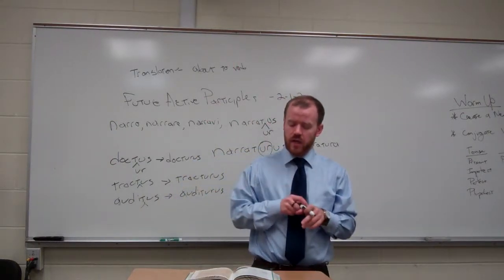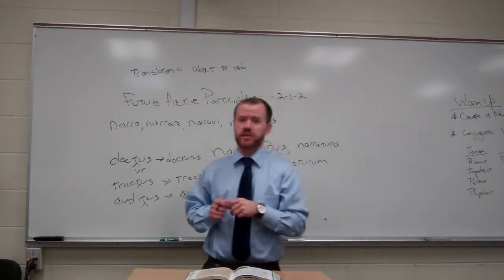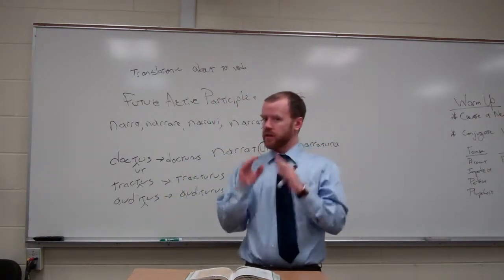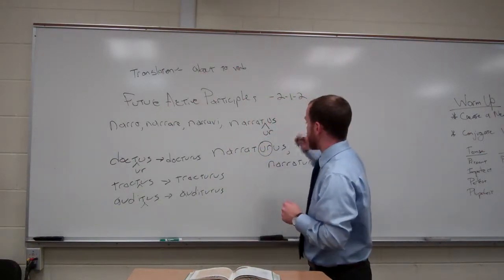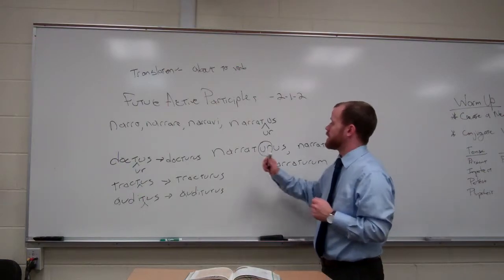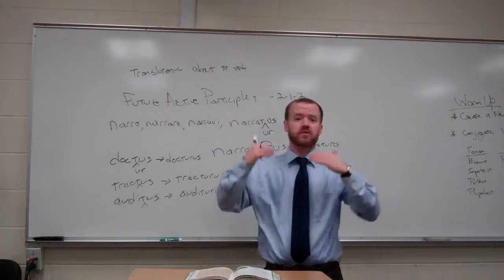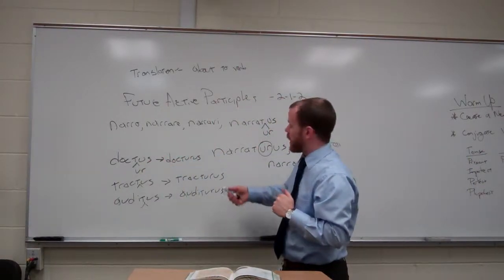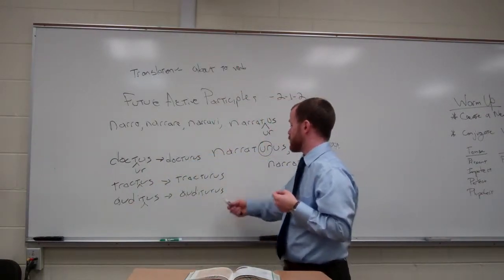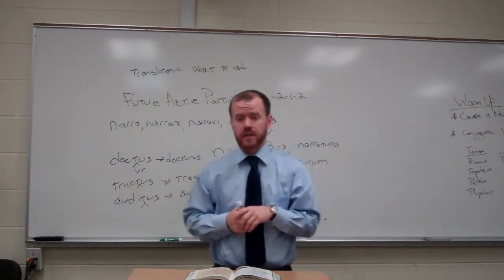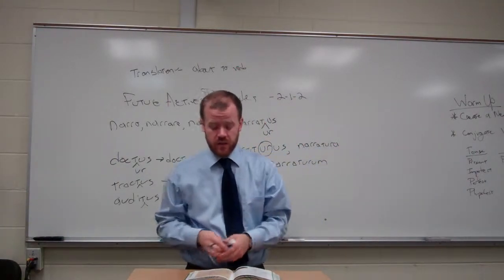We're going to see other nuanced translations in our stories, but about to verb is going to get you through most of your translations. So here, naraturus is about to tell a story, docturus, about to teach, tracturus, about to drag, auditurus, about to hear, alright?